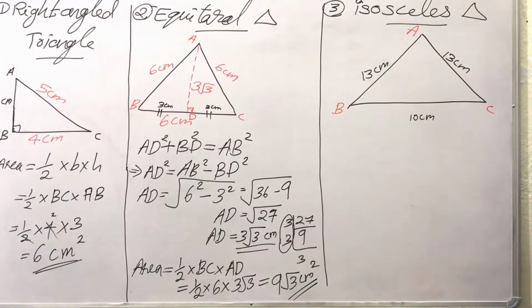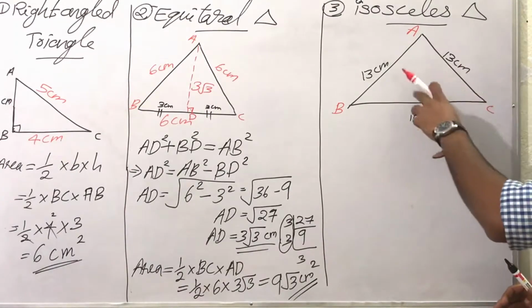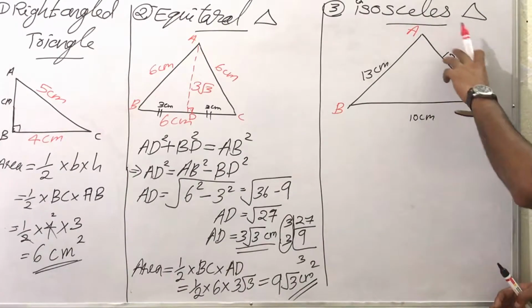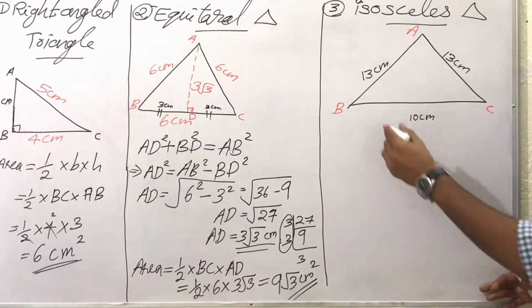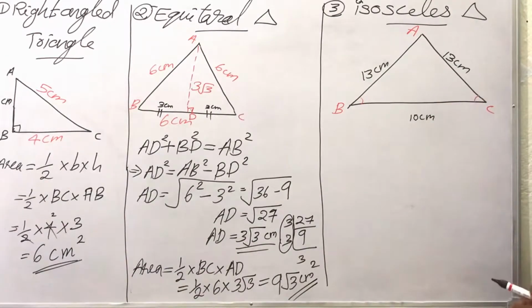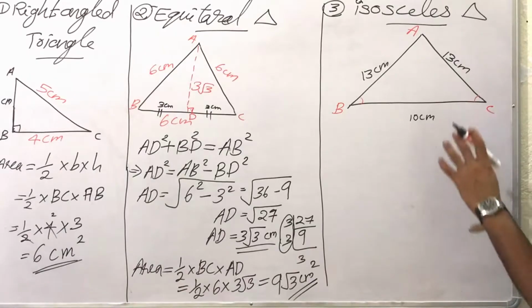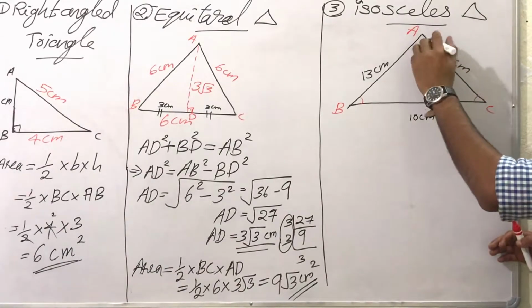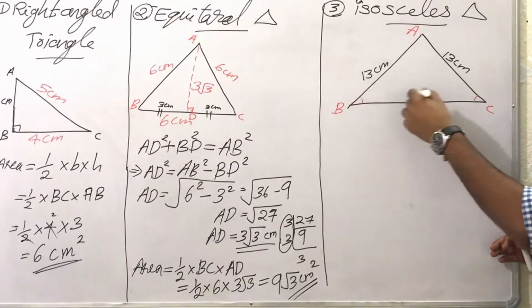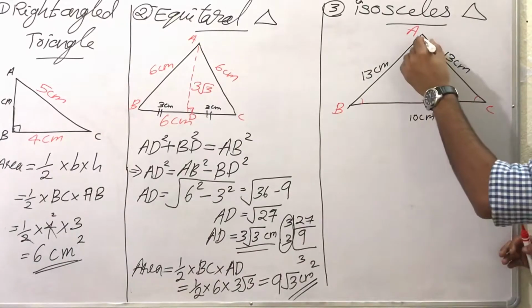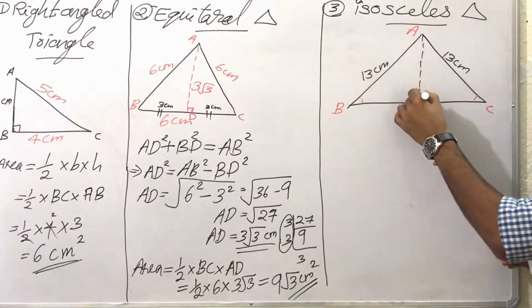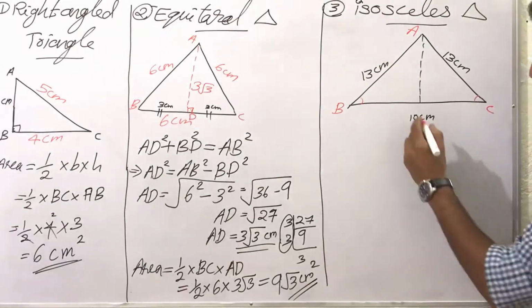Now come to isosceles triangle. What is an isosceles triangle? A triangle with any two sides equal as well as any two angles equal. So here we are not provided with the altitude, so we need to find the altitude. So draw a perpendicular AD to BC.